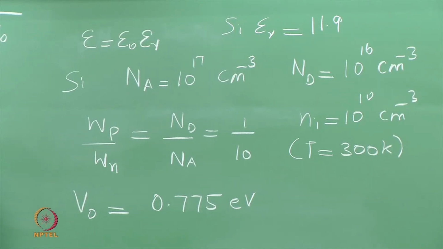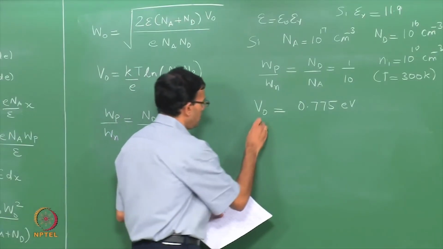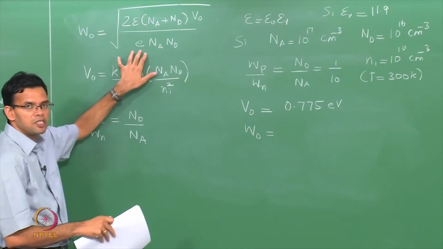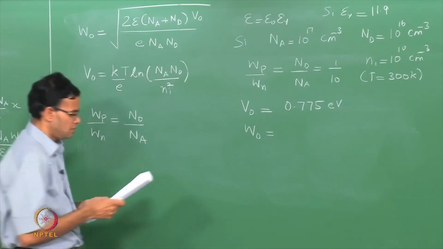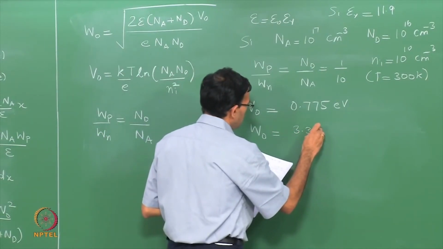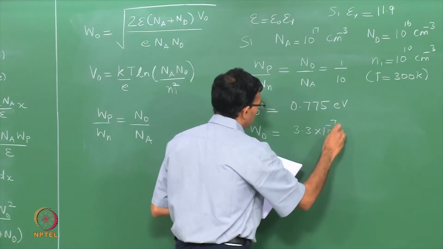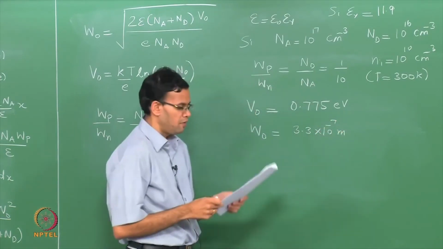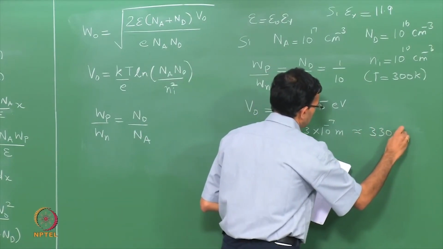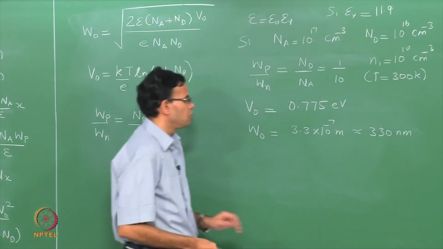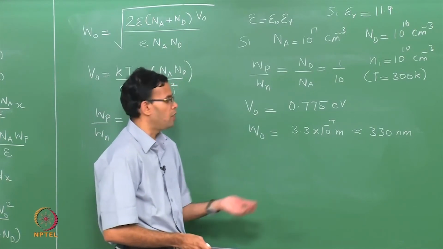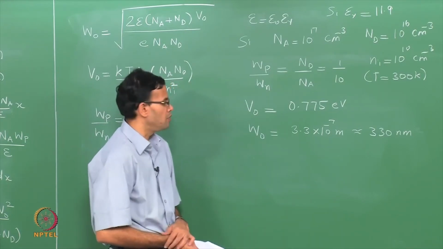You can also calculate the width of the depletion region, W naught. Once again, it is a straight case of using this equation and plugging in the numbers. If we do that, we get a value of W naught of around 3.3 times 10 to the minus 7 meters, or approximately 330 nanometers. So, the total width of the depletion region is slightly less than 1 micron, around 0.3 micrometers.